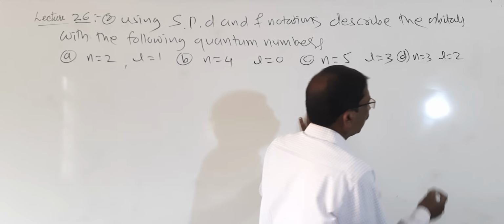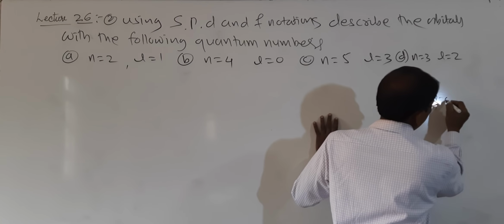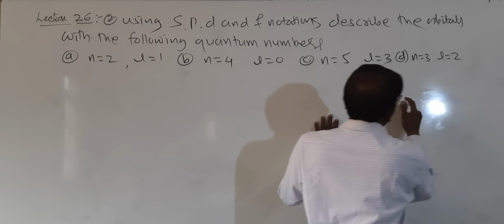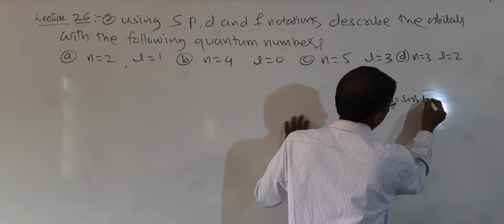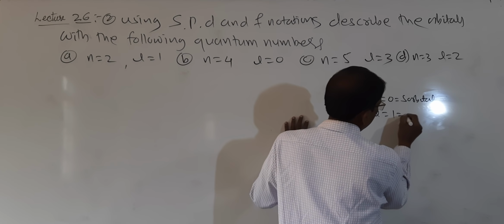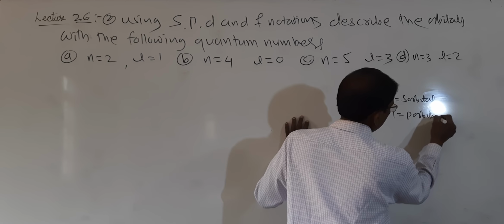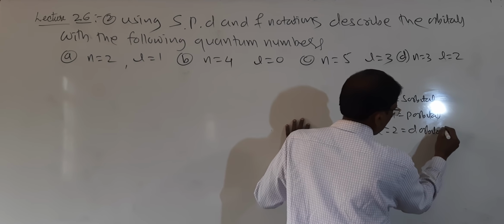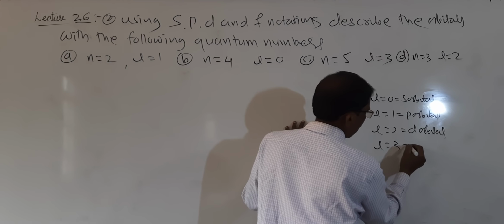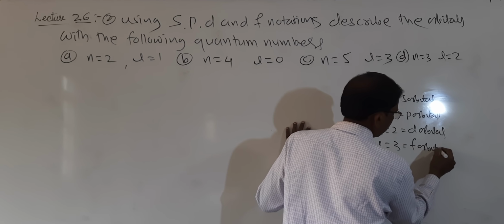We know that l is equal to 0 is the s orbital, l is equal to 1 is the p orbital, l is equal to 2 is the d orbital, l is equal to 3 is the f orbital.